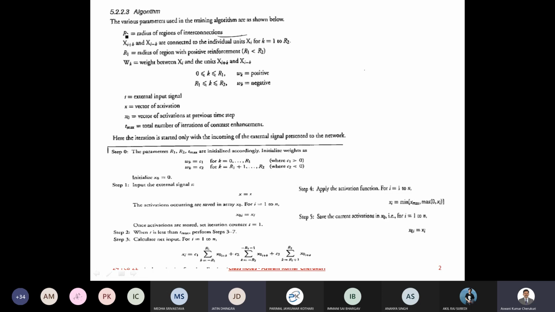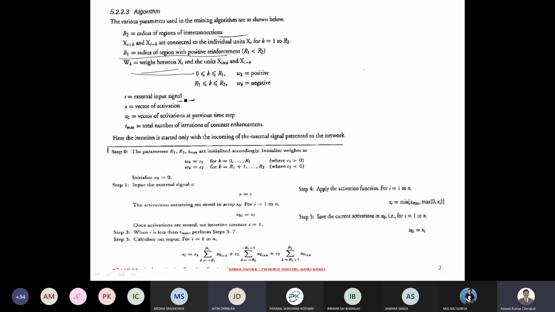As I've said, the radius having positive weights, or you can call them positive reinforcement weights. Similarly, the negative, or your inhibitory links. So accordingly, the connection weights need to be initialized.